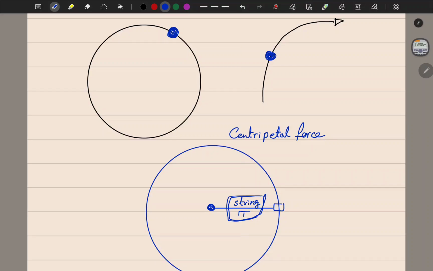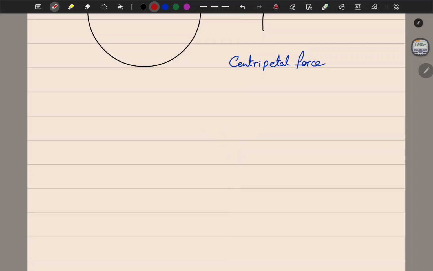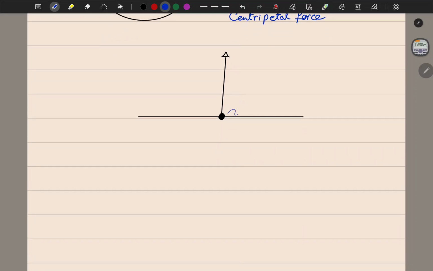Well, first of all, let's establish that the centripetal force is between the body itself and the center of the circle that this arc is part of. Let's denote this force by capital F. If this is the surface of the earth here, we can draw a free body diagram. This is a bike. The bike is going to have two opposing forces.